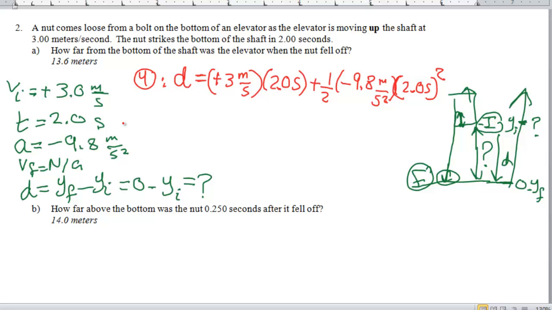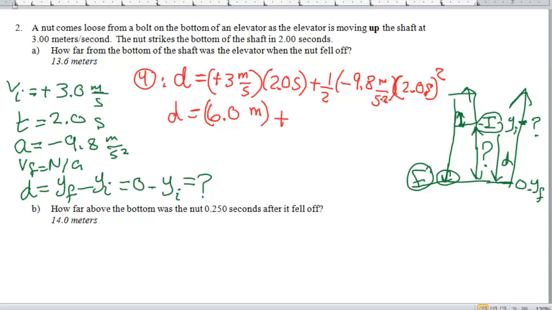So let's go ahead and simplify. So displacement will be equal to 3 times 2, that's 6, and second will cancel out with second. And we expect the units to cancel out to give us meter at the end. Plus 1/2 times 9.8 will give you 4.9 times 2 squared, which is 4, so we have 4 times 4.9. And s here is second, that's not 5, this is s, second.